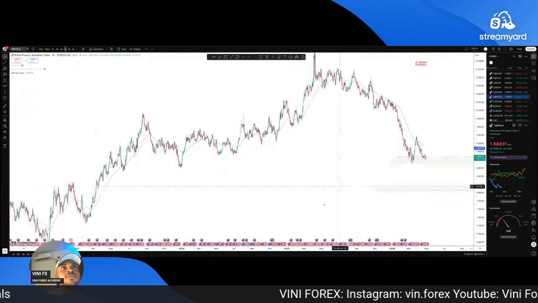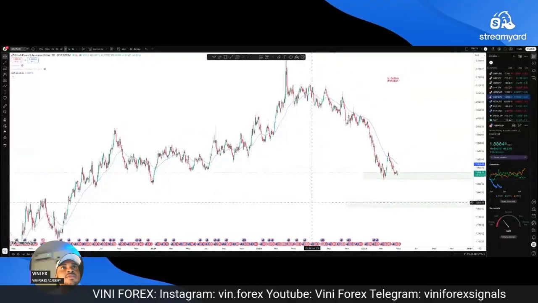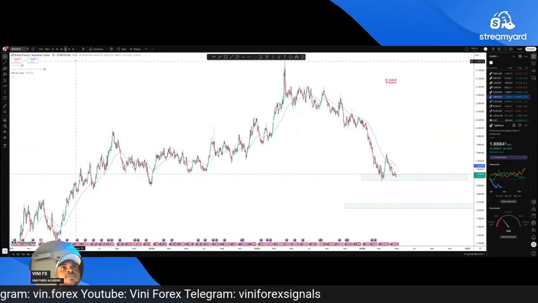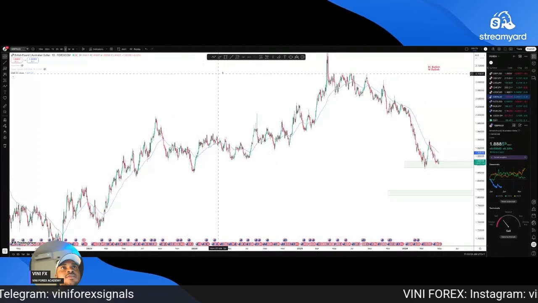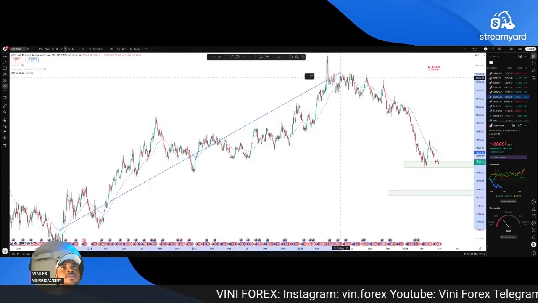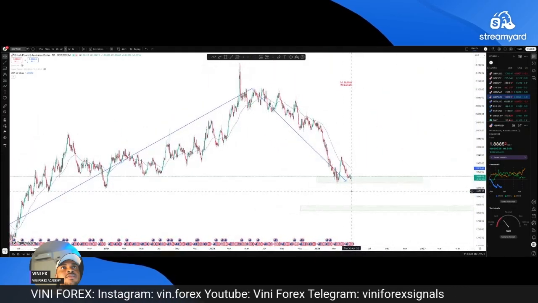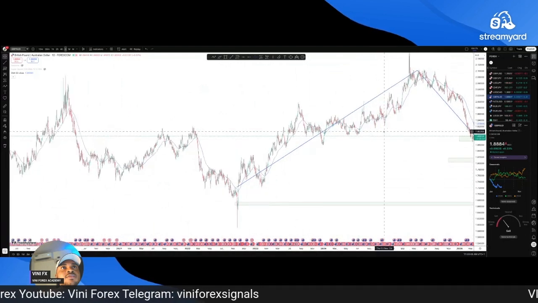Right now, remember the market is bullish on the weekly time frame. Now we are on the daily time frame. Looking at this, this was a buy that is giving us a correction, as we have been able to identify. So this correction, we have to mark this out clearly.